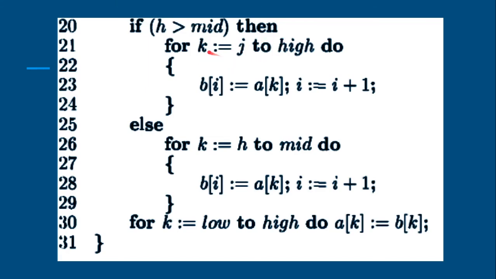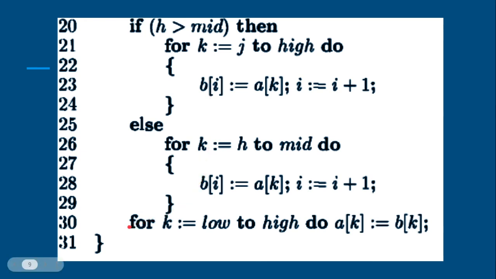For k = j to high, we copy the values of a of k into b of i, the remaining values from the second subset. Or for k = h to mid, we copy from the first subset. Whichever list is longer, because the subsets may be of different lengths, the remaining values a of k are copied into b of i. That means now b of i contains the ordered set of numbers.